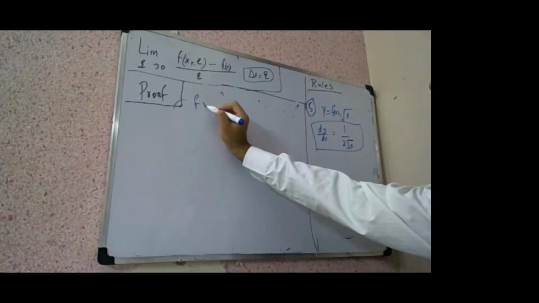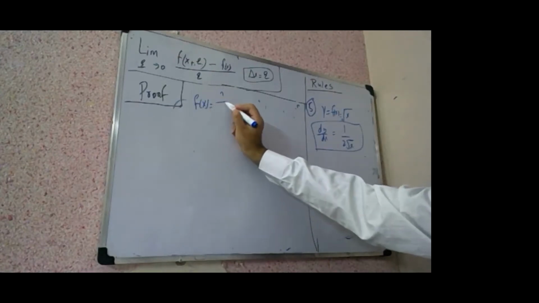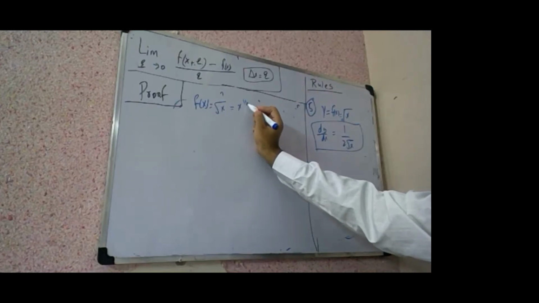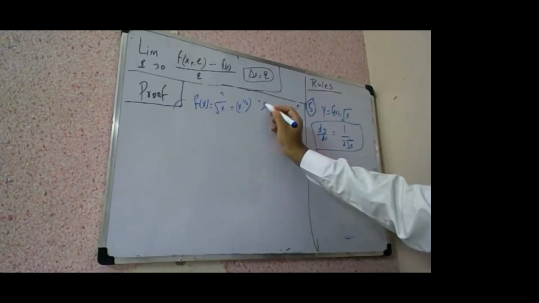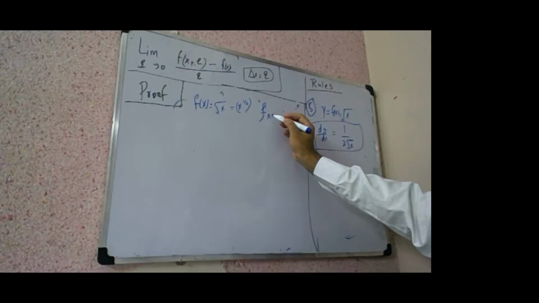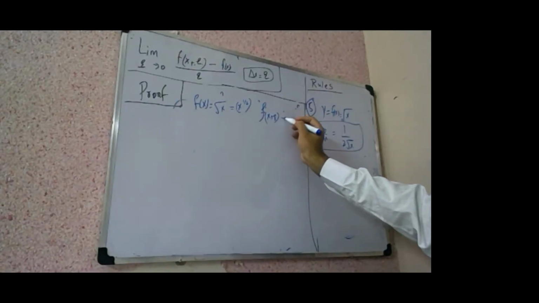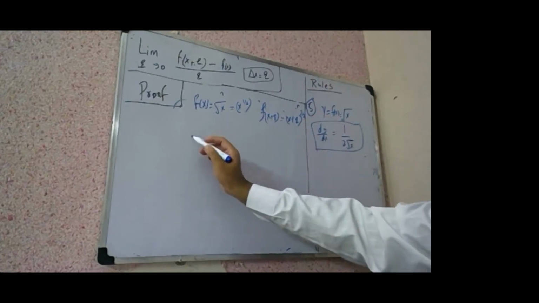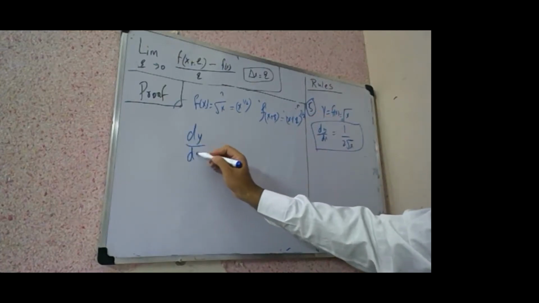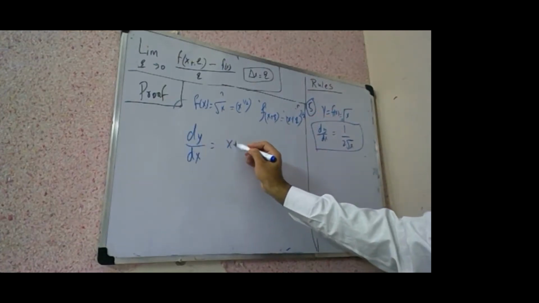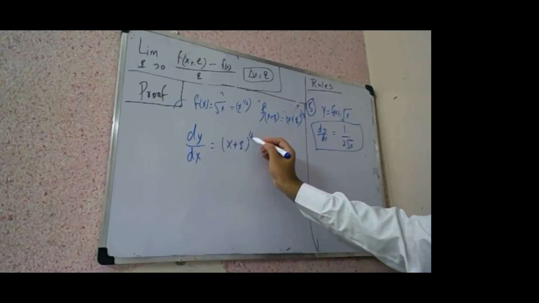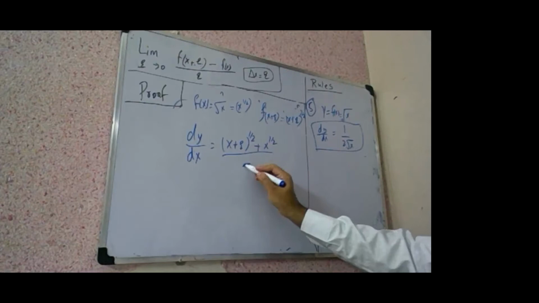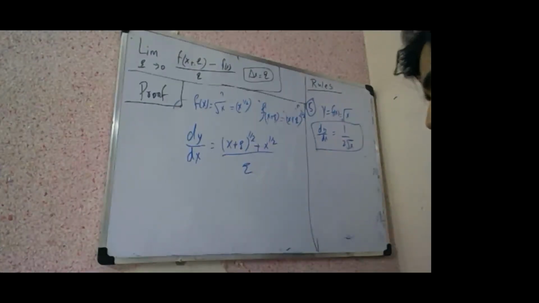If f of x equals root x, which I can also write as x power 1 by 2, then f of x plus epsilon will be (x plus epsilon) power 1 by 2. So can I write dy by dx as (x plus epsilon) power 1 by 2 minus x power 1 by 2, upon epsilon? Yes, I can write like this.